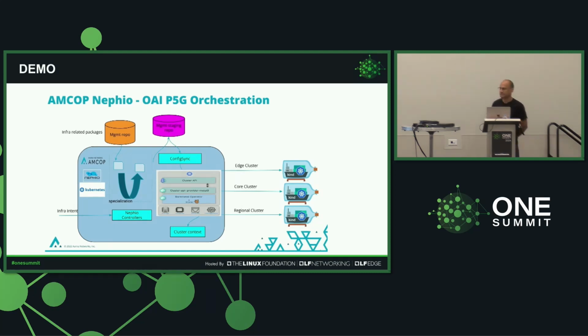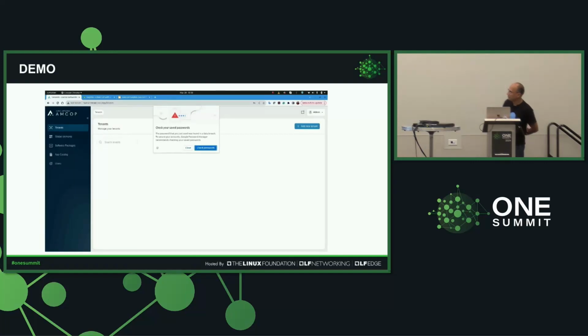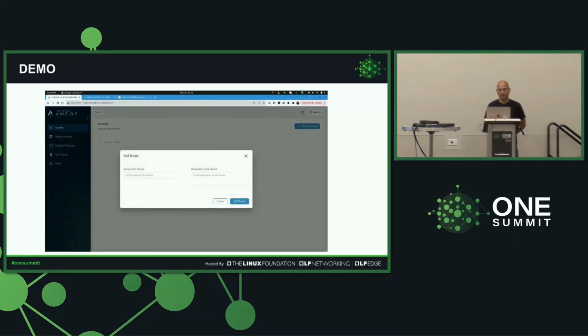And these clusters are running Kubernetes, they're kind clusters, and they're pulling the configuration. So now it's just showing logging in to the private 5G GUI. It's creating tenants. So it's a multi-tenant system.